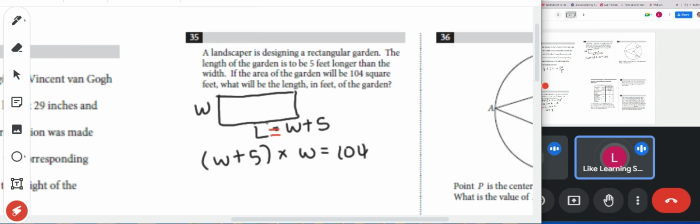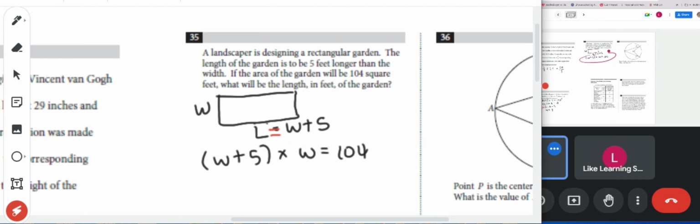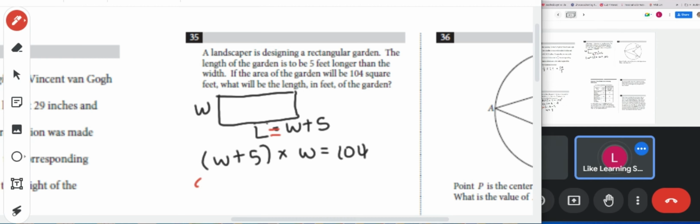Okay, open the bracket now. What you wrote is a simple mathematical expression: W, open a bracket, W plus 5 equals 104.